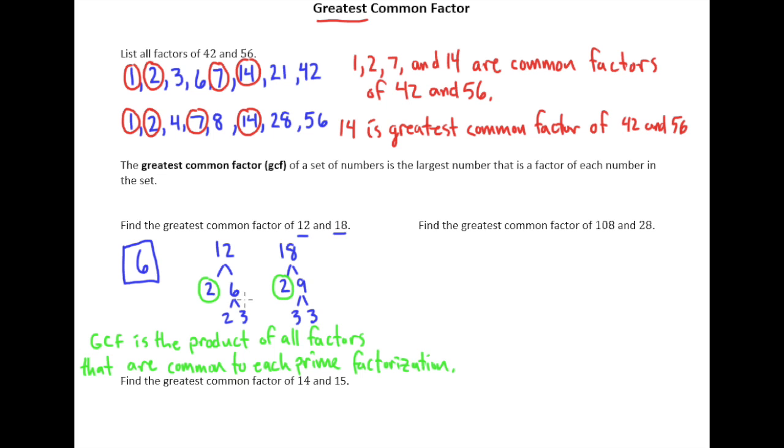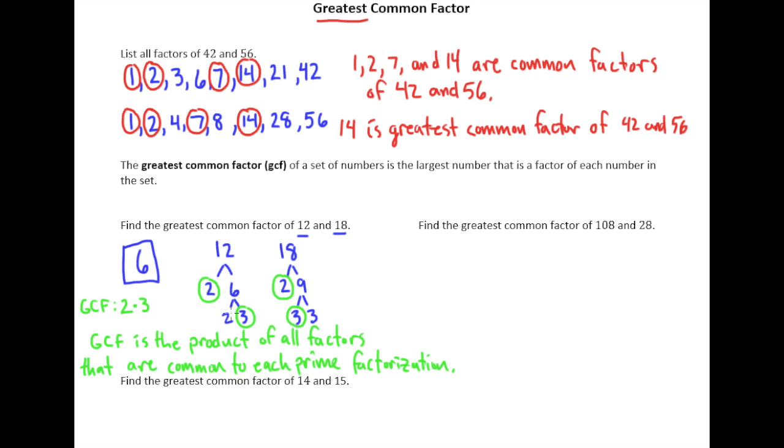Now the moment that I'm able to circle the same factor in both prime factorizations, I get to write that down. So my GCF is going to be a 2, and then notice I have a 3 in both prime factorizations, so I'm going to write down times 3.